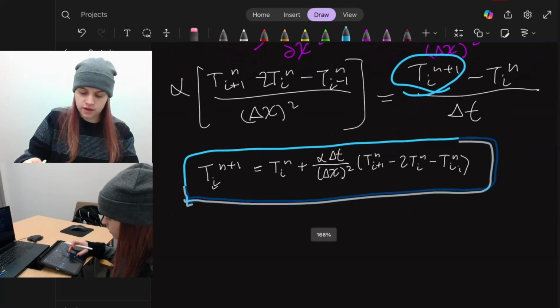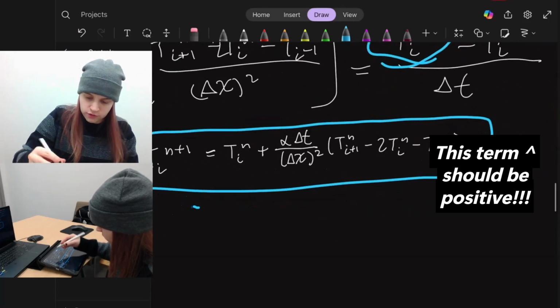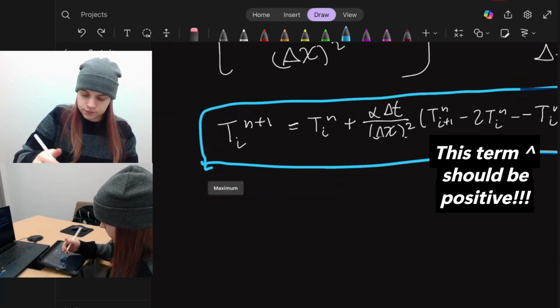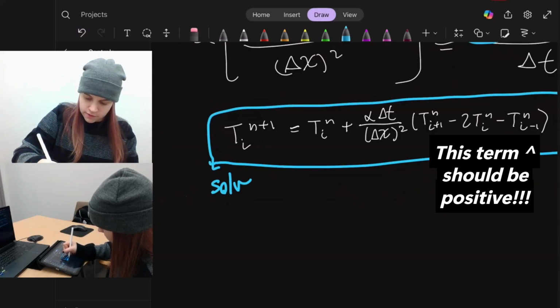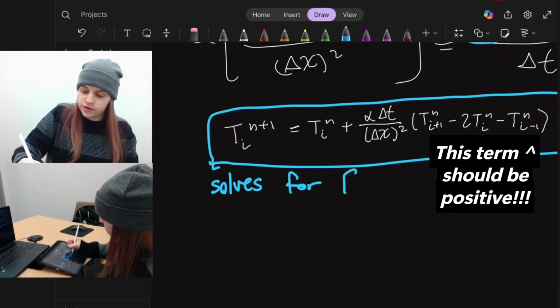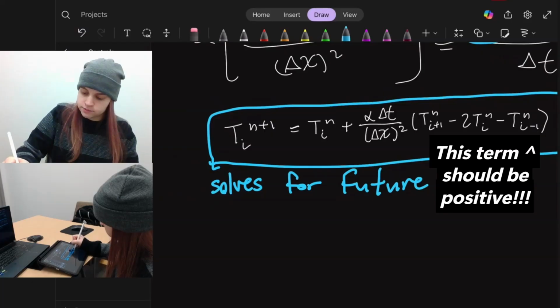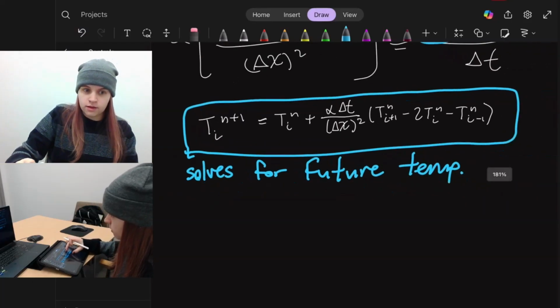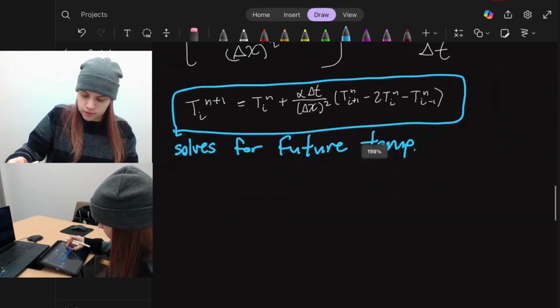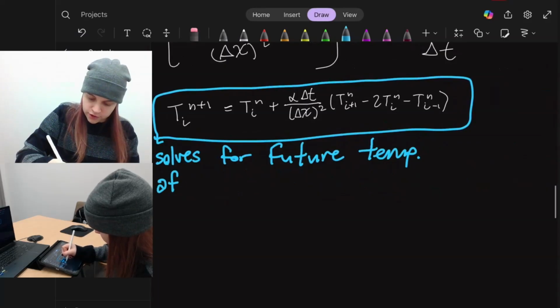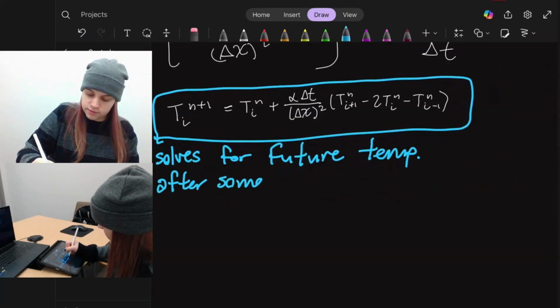So what this does is solve for a future temperature after some time has passed.